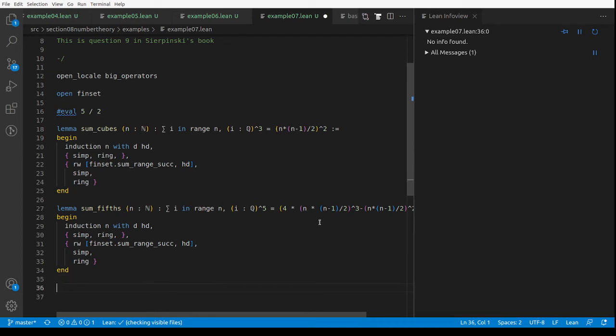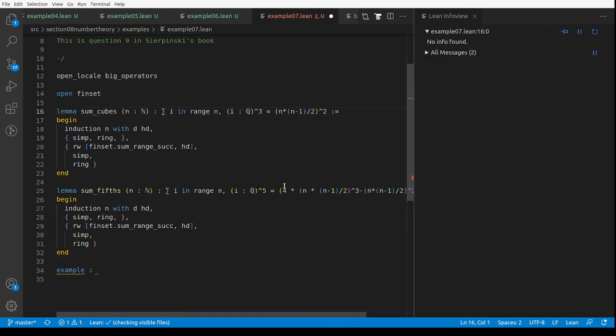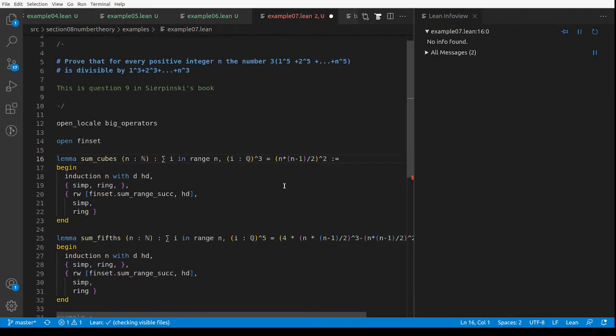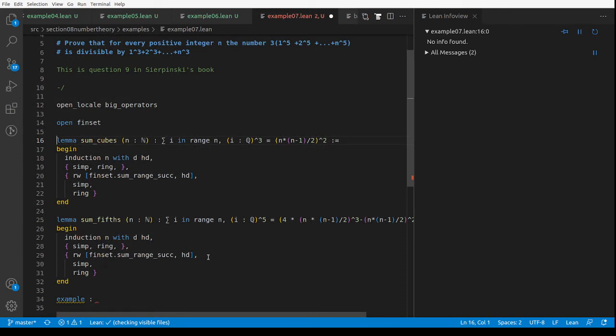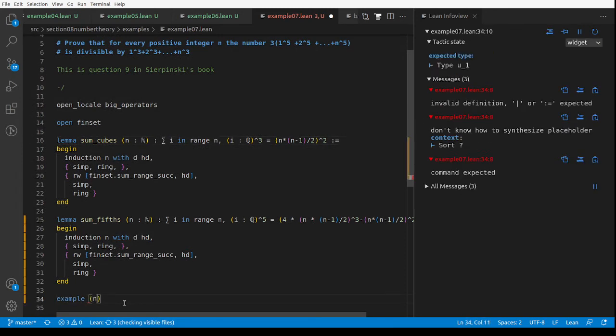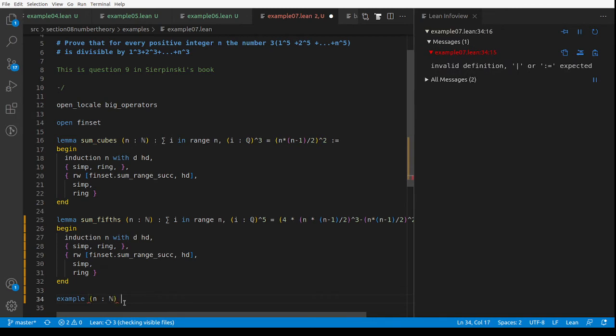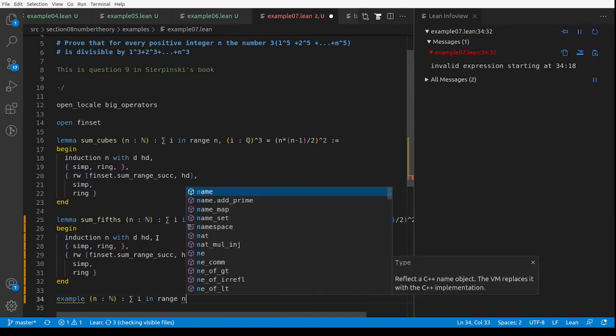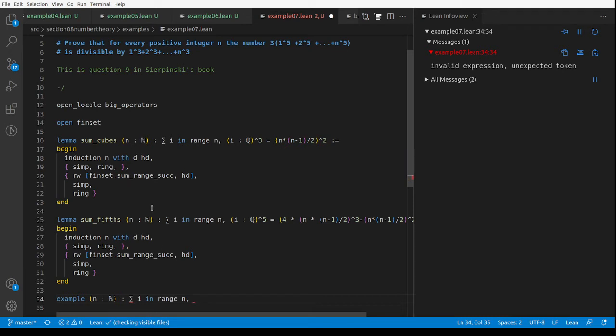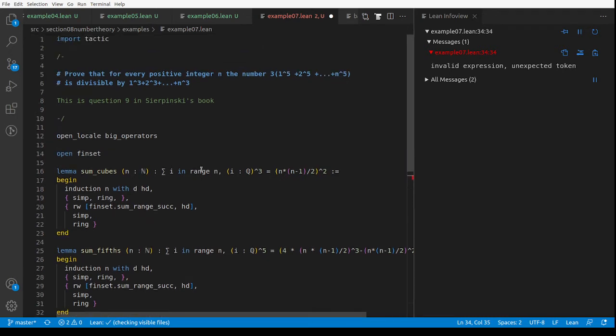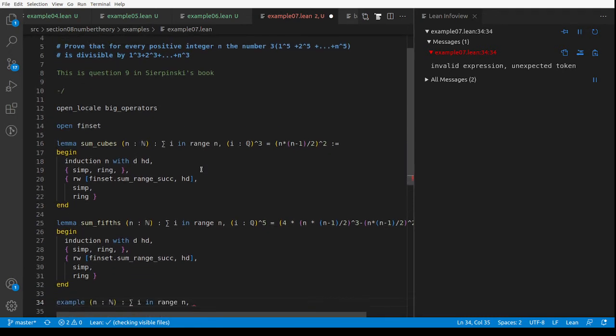Okay, well let's press on then. So here we go. Let's see if we can actually do this. So the claim is, if n is a natural, the claim is that the sum for i in range n, and now I don't want to coerce to the rationals, I want to coerce to the integers.